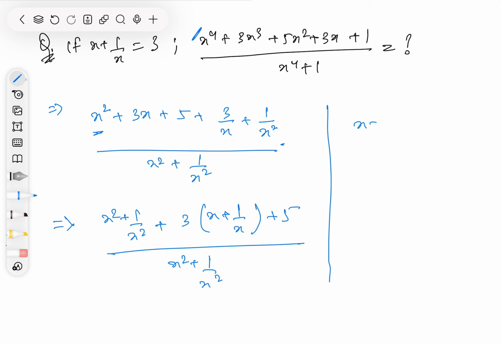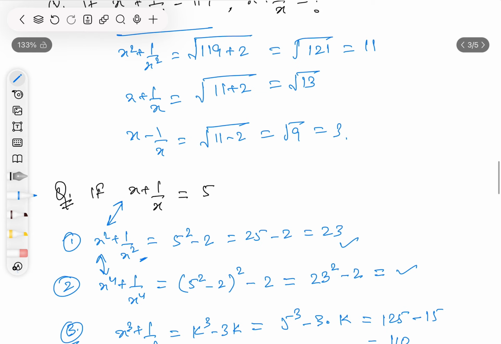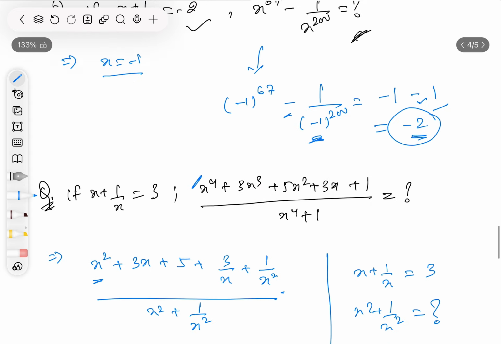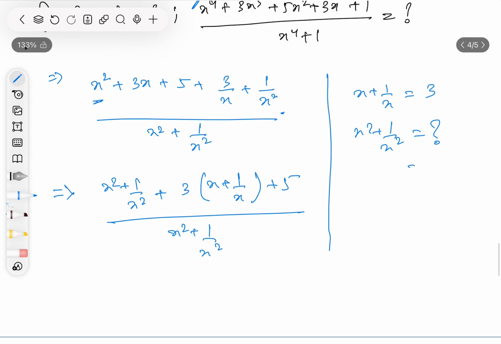So you already know that you have x plus 1 by x equals to 3. So you can find x squared plus 1 by x squared. How? We have already seen. Let's go back to that. x plus 1 by x is k, so x squared plus 1 by x squared will be k square minus 2. So that will be 3 square minus 2, that is 9 minus 2, 7.